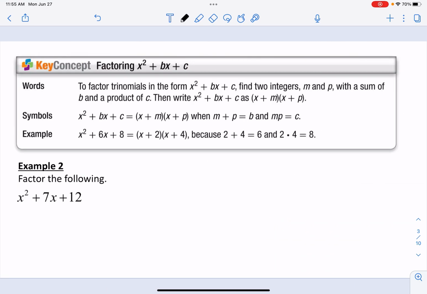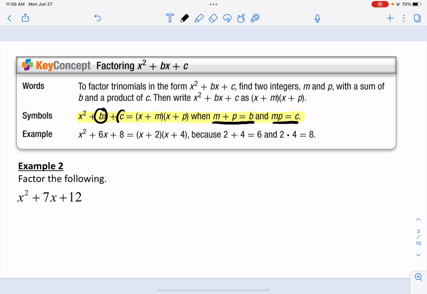Okay, so to factor this, there's a lot going on here. What I want you to focus on is this. I'm always going to be looking for 2 numbers that multiply to be the last number and add to be the middle number.